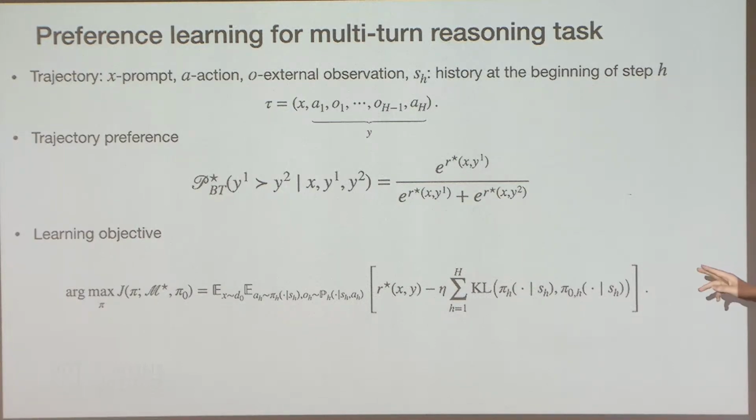We assume that we still have a BT model that can assign the preference signal over the trajectory, especially on the completion of the trajectory. Our learning objective is still to maximize the reward function under a KL constraint with some KL penalty. But now we sum over all the steps. For simplicity, we assume that we have a fixed number of rounds.